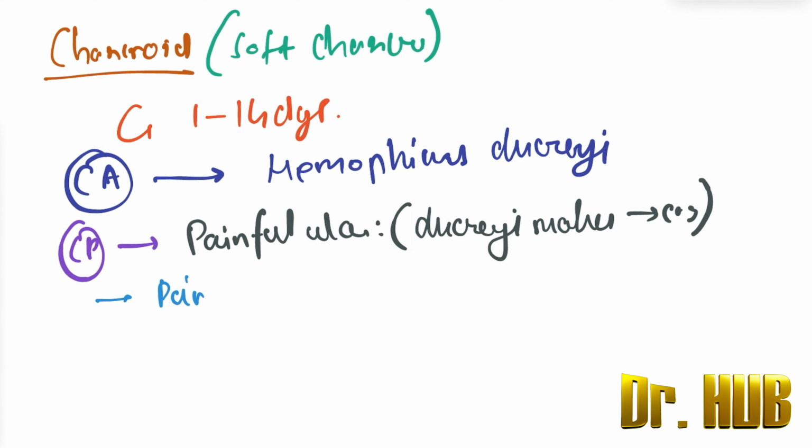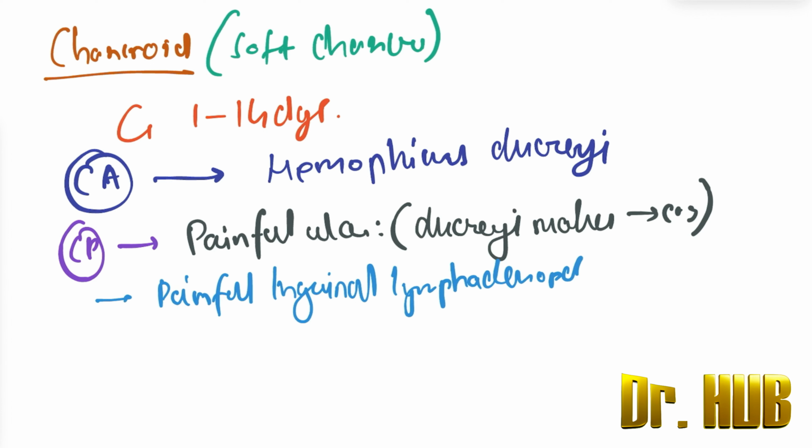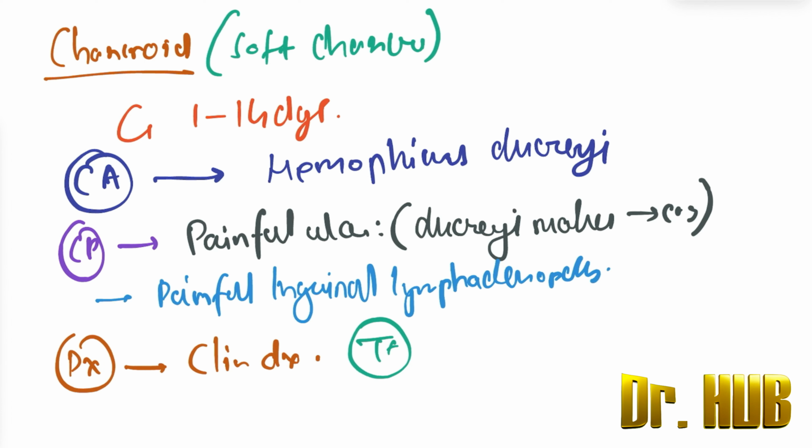Then how do you diagnose? The diagnosis of chancroid is clinical. And how do you treat? For the chancroid, the soft chancre, you give azithromycin as well as ceftriaxone.